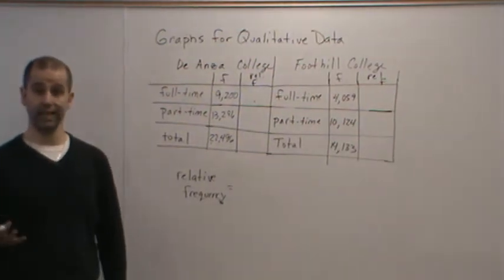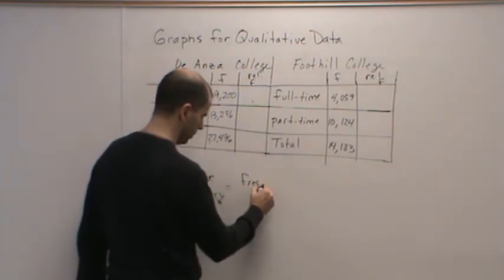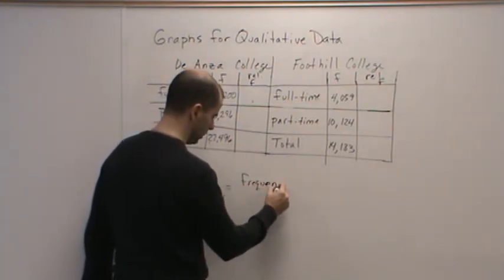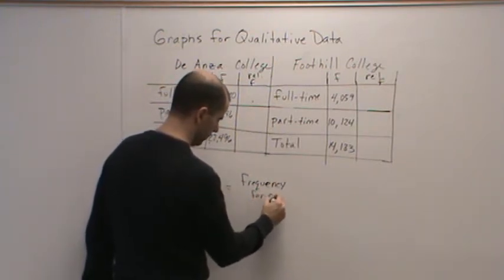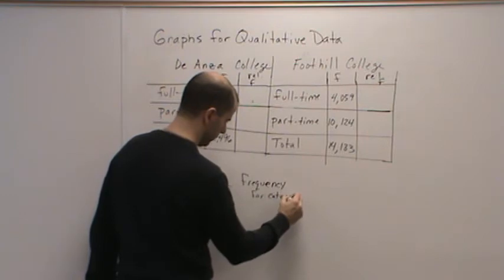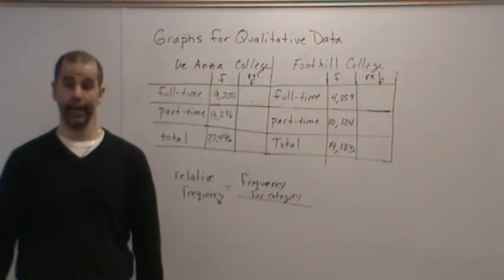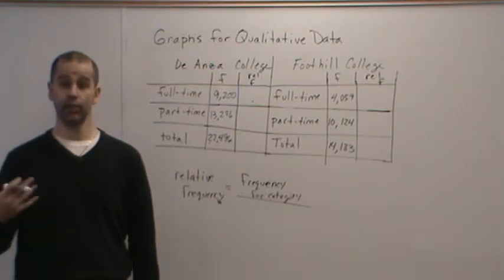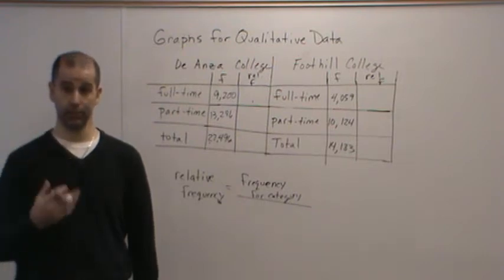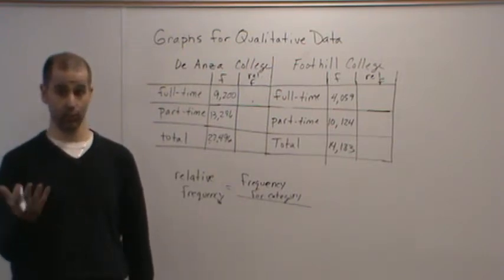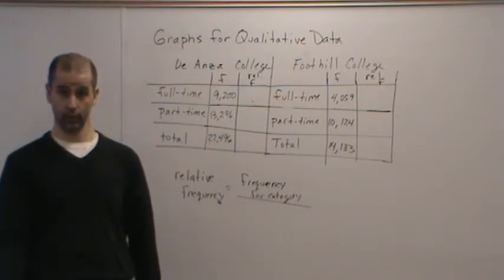All you do is you take the frequency for a particular category, and you divide it by the total frequency in the column, or the sample size. Remember what sample size is when we talk about a frequency distribution. It's just the sum of all of the frequencies, okay?